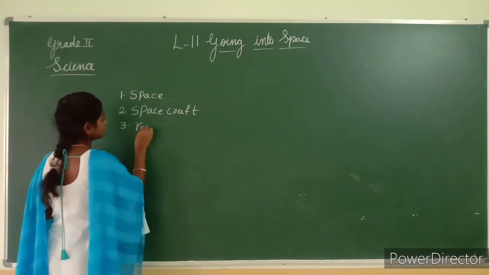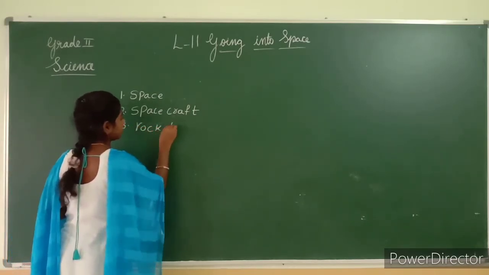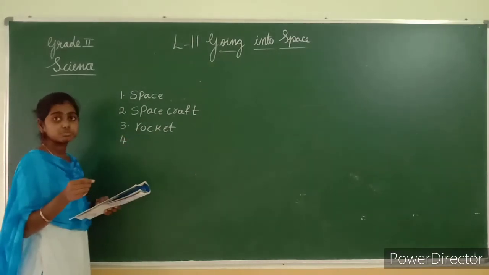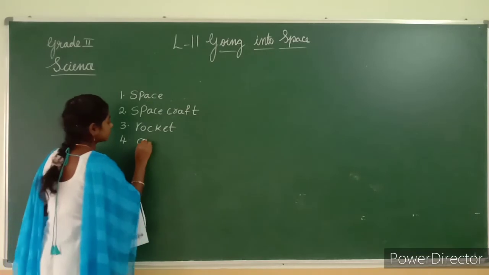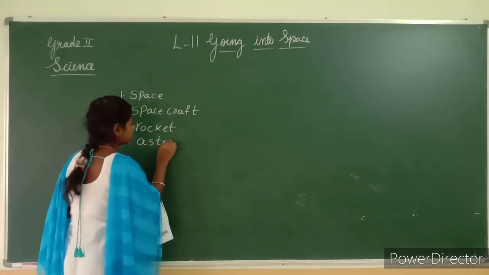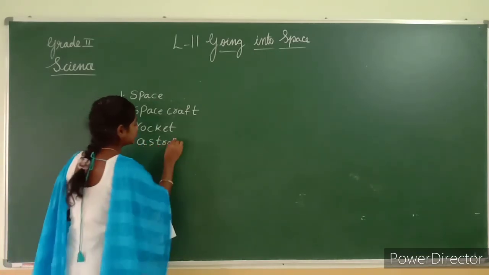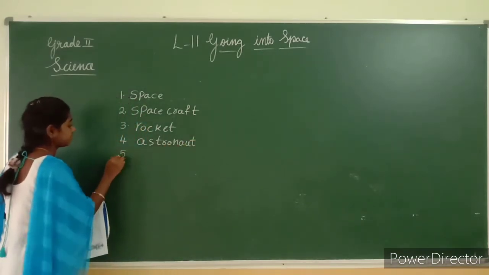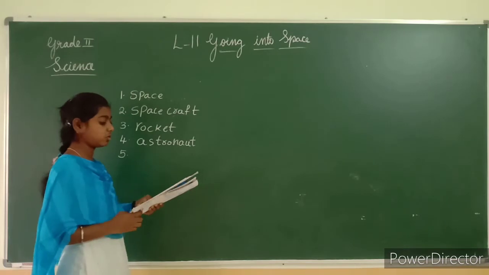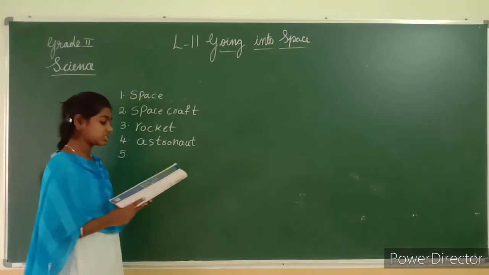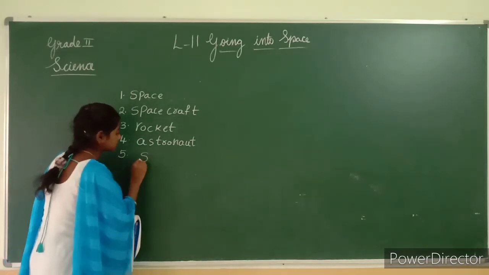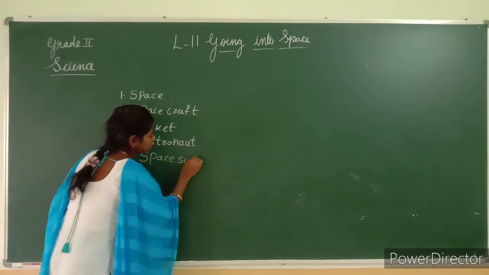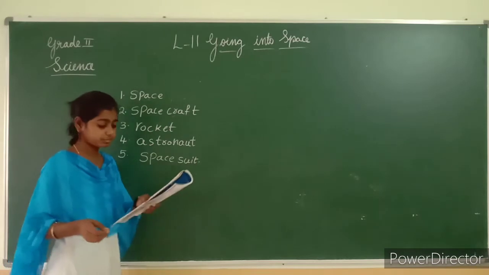Spacecraft, rocket, and the person who travels into space is called astronaut. A-S-T-R-O-N-A-U-T. Astronaut. Okay, next fifth one. A special dress worn by astronaut is called space suit. Space suit. Underline all these words in your textbook, children.